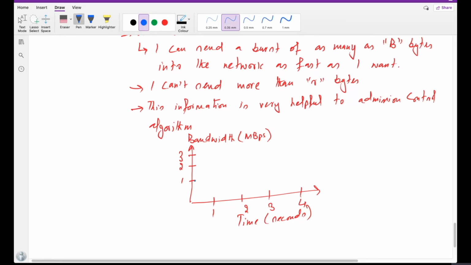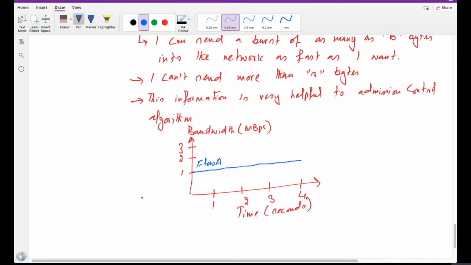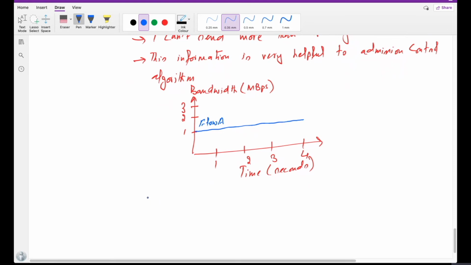Let's assume that we have a flow that continuously generates data at 1 megabyte per second. Let's call it flow A. For flow A, what is R?